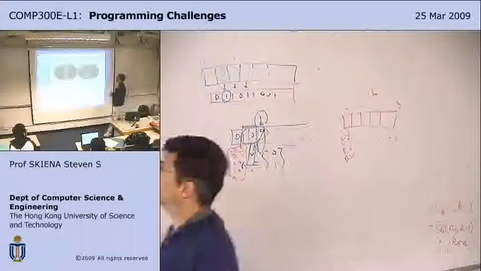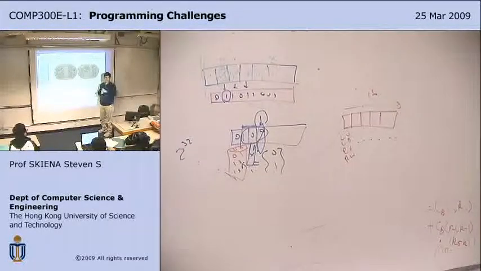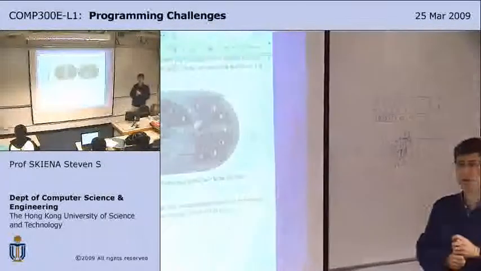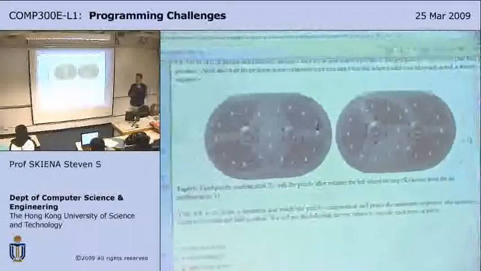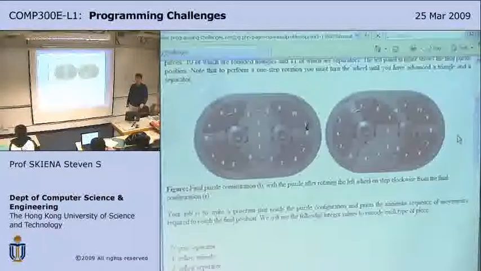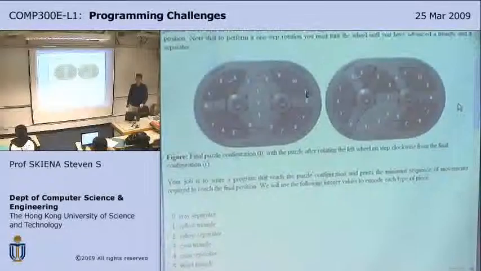One way we could do it is to say if it's not the solution, we know we need at least 1. That's a lower bound. But that's not a very good one. Can we find a better lower bound? What would be a lower bound that we might propose? Okay? Any ideas?